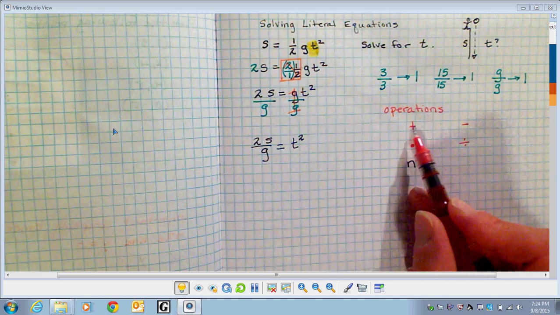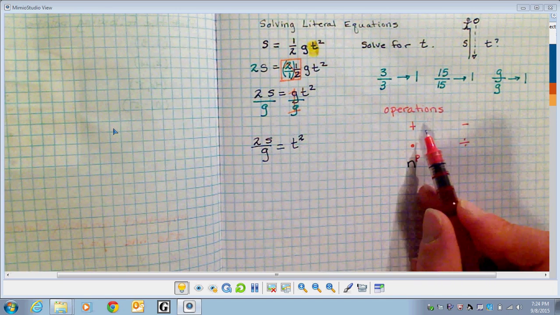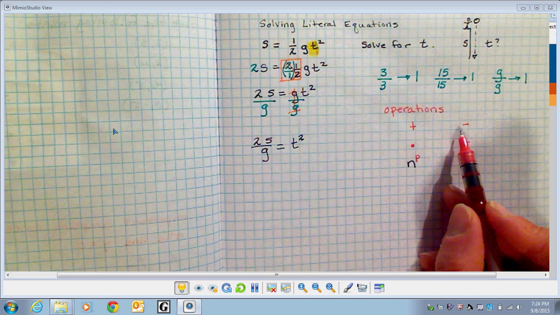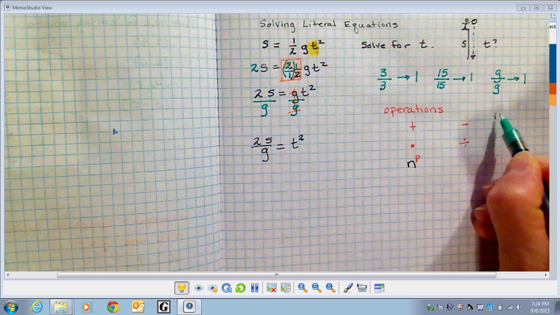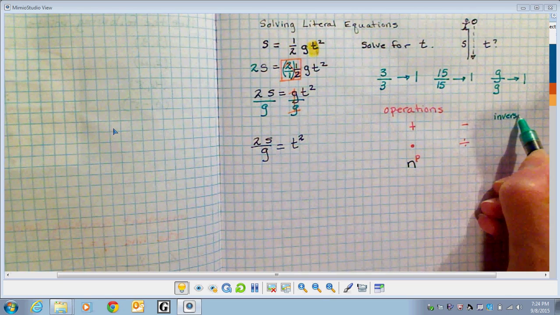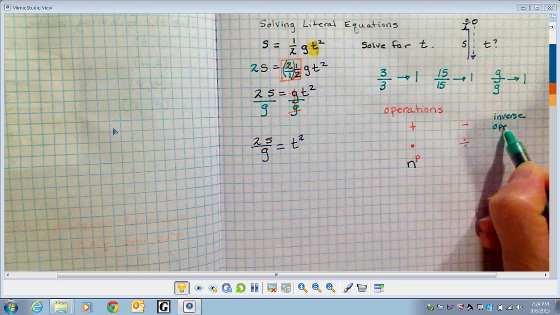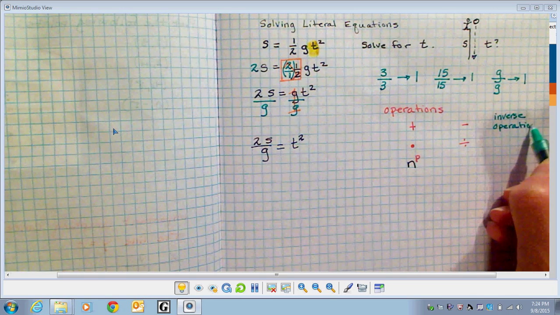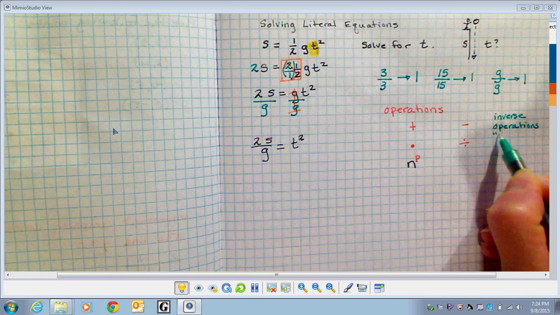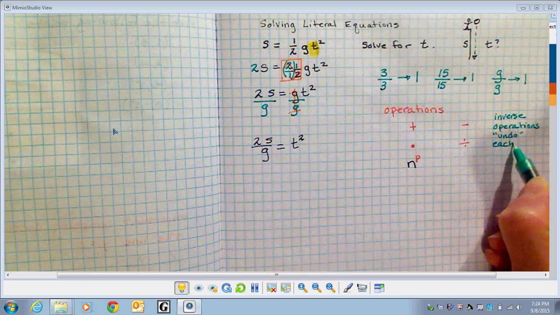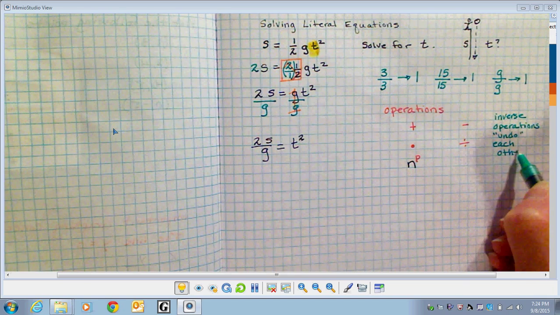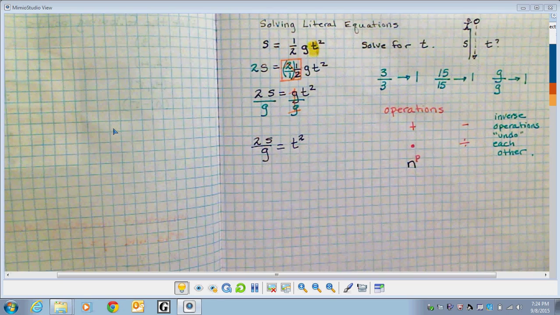So these are inverse operations because they undo each other. So they're operations that undo each other. So I'm going to put here inverse operations undo each other. That's important to remember.